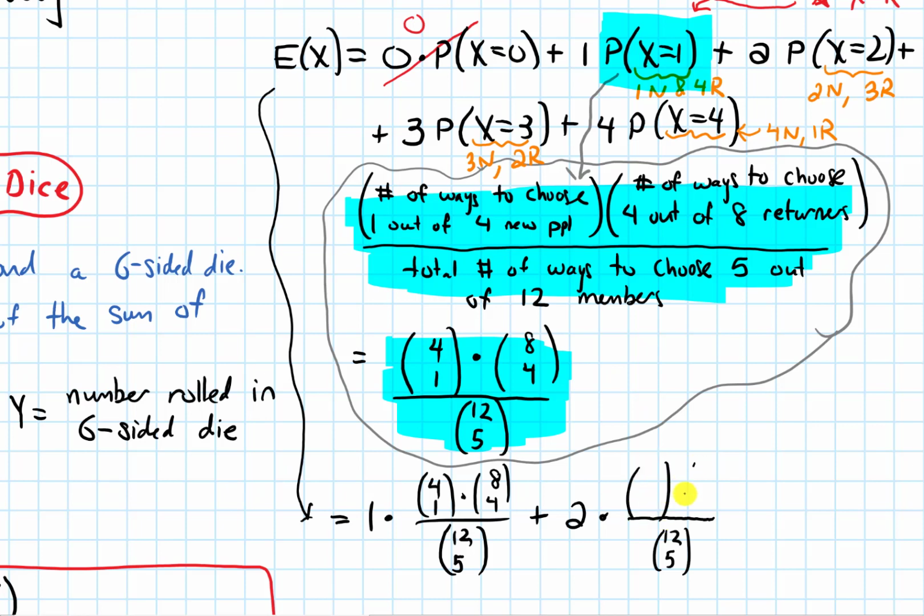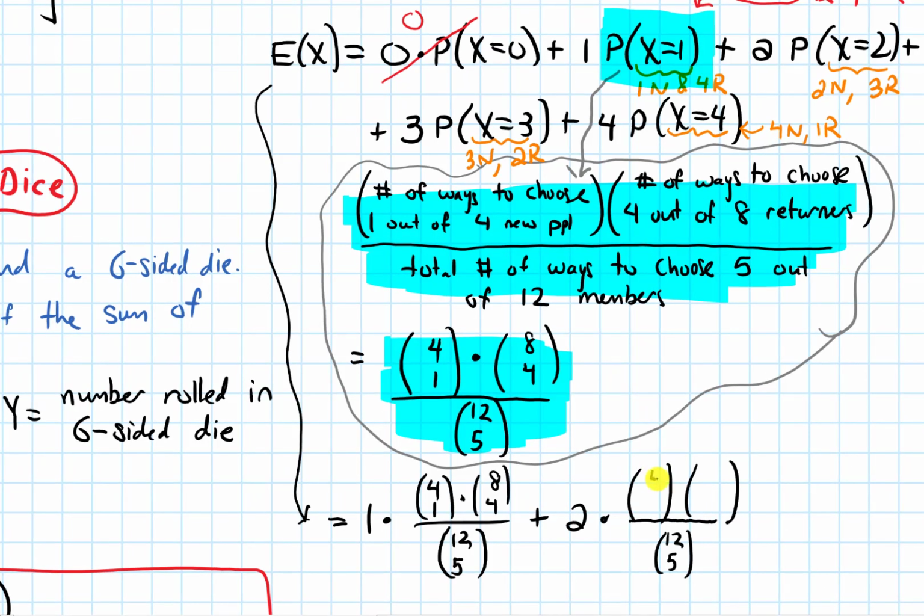There's going to be 2 combinations on the top, one for the new members, one for the old members. For the new members, there's 4 new members overall, and I'm choosing 2 of them in the group. There's 8 returners overall, and I'm going to be choosing 3 of them. Alrighty, so plus the next term of 3 times a probability.